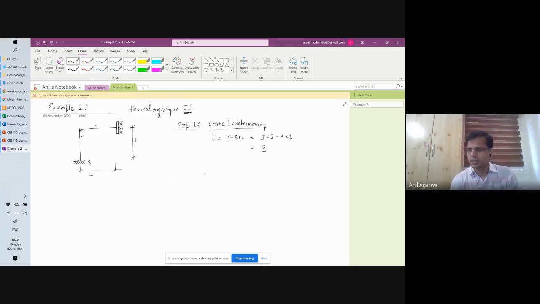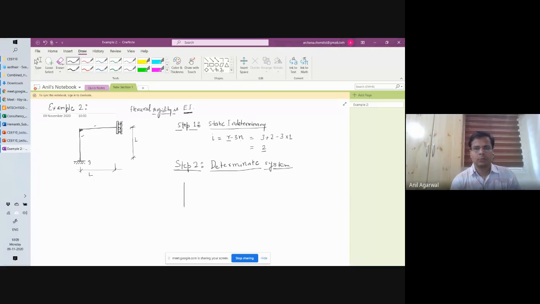In step 2, we need to reduce this to a determinate system. As you know, you can do it in several ways, but you have to be smart about it so that you don't make it unstable by mistake.